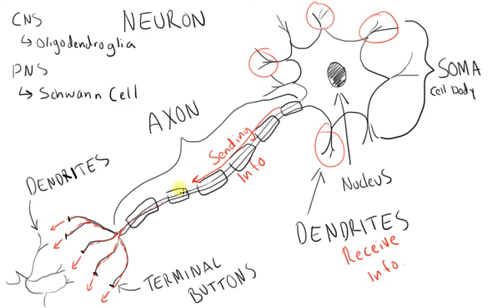And Schwann cells, it's one cell per one wrapping of myelin. So this would be one Schwann cell, this would be one Schwann cell, etc., all the way up. But in the central nervous system, one oligodendroglia can provide multiple wrappings of myelin. And so he has a nucleus.